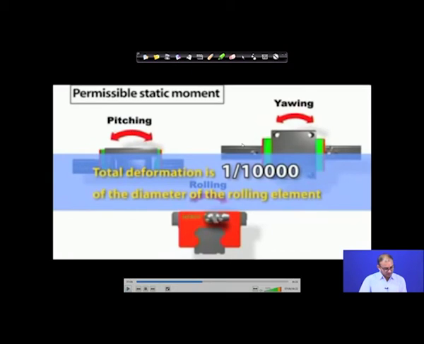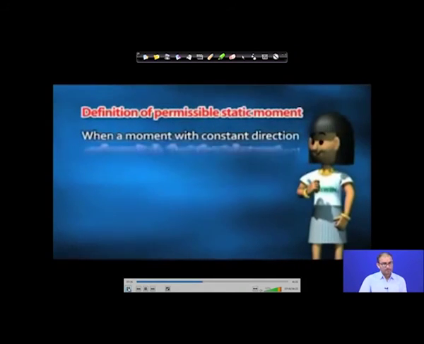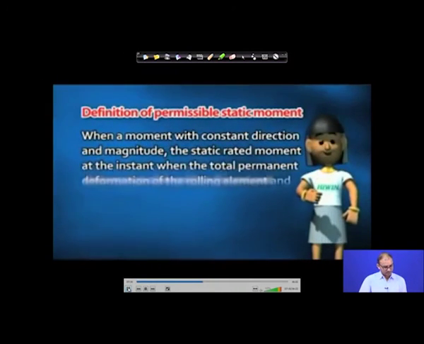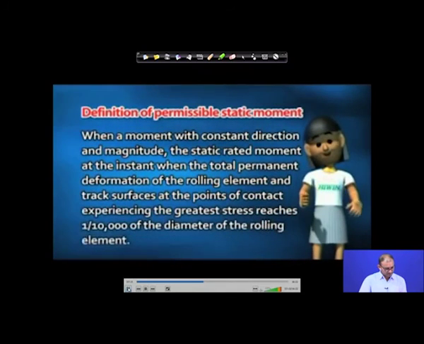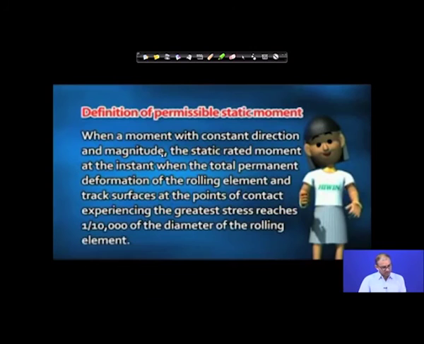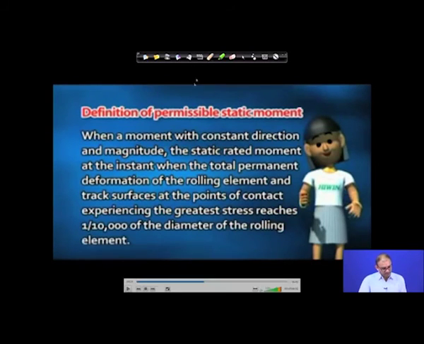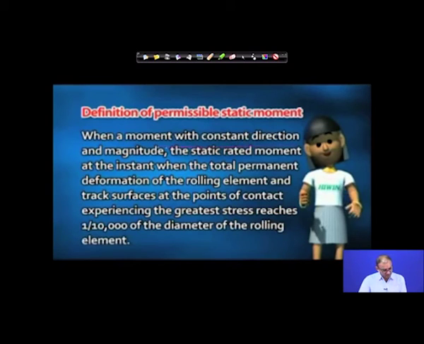So, under this condition also the same thing: if the deformation is 1 of 10,000 of the diameter of the rolling element. Right. So, same thing here, but instead of a constant direction load, we are considering a moment of constant direction and magnitude.